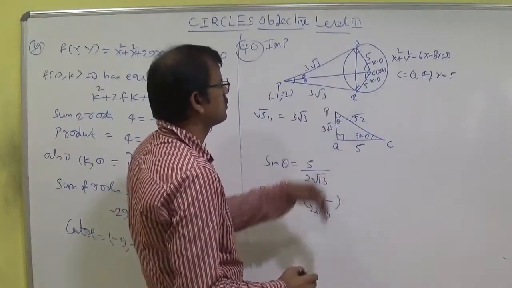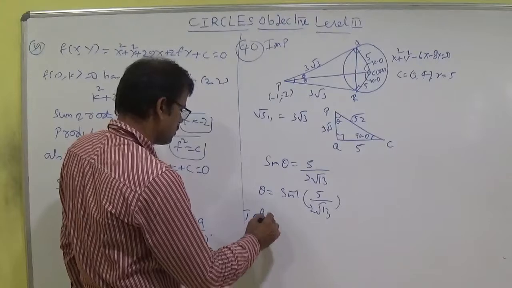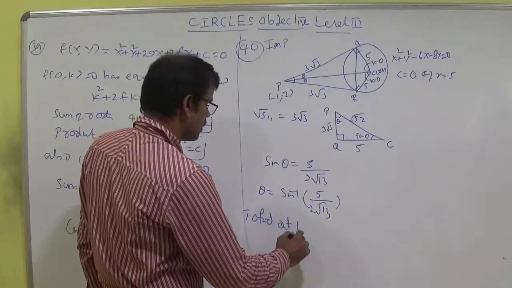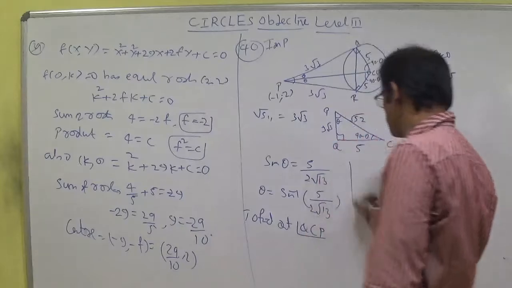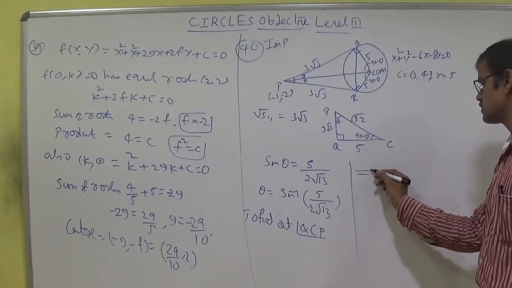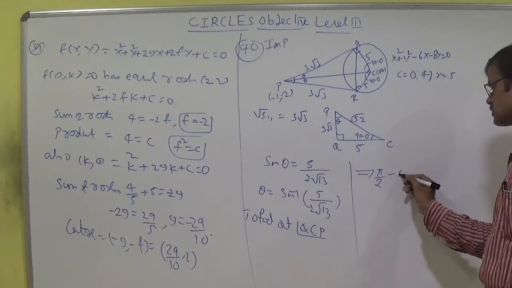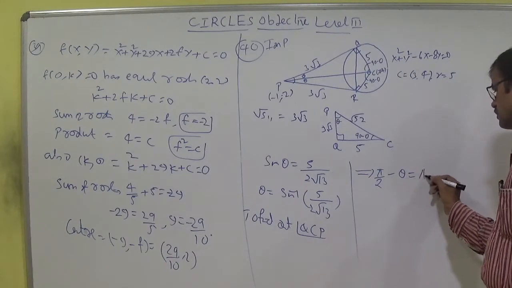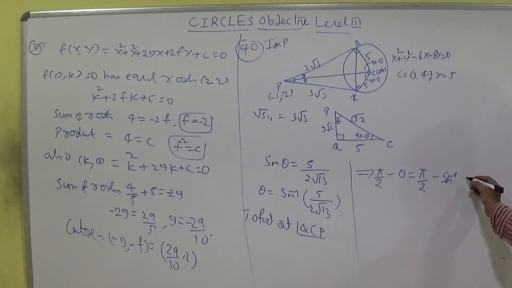Now we need to find 90 minus theta, I mean to find the angle QCP. The angle QCP is 90 minus theta. That implies you can write here pi by 2 minus theta is equal to pi by 2 minus sin inverse 5 by 2 root 13.